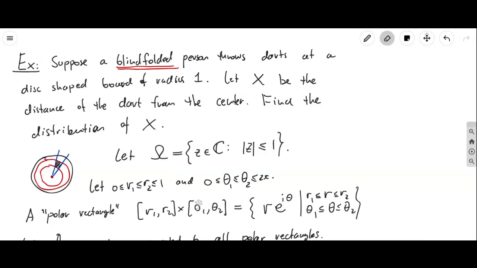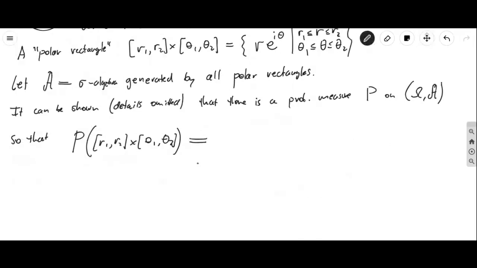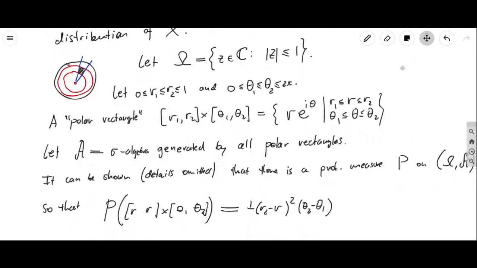It's the difference in the angles. So it's like a half the difference in the radii squared multiplied by the difference in the angles. Right? I leave that up to you to see that this is the correct way to do it. This is just some basic geometry of how you will calculate the area of that polar rectangle.